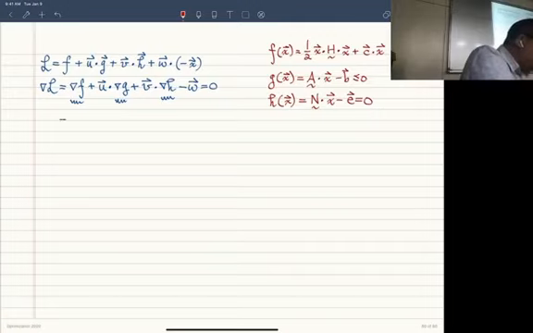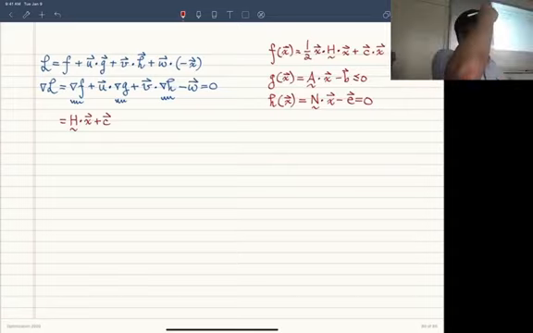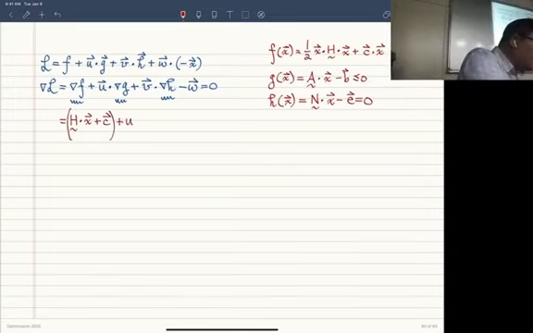So if I do gradient of f, I should have Hessian dot product x plus c vector. So that should be our first order derivative of f, plus u still the same.